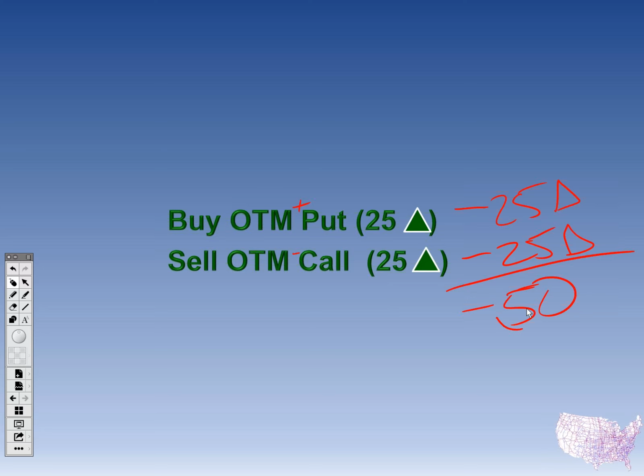So the reason why this was called a risk reversal was because most of us are thinking, you know, we have like a 100 lot in our portfolio. This is a good way to limit, like if you didn't want to take capital gains, or have to pay capital gains taxes or something like that.